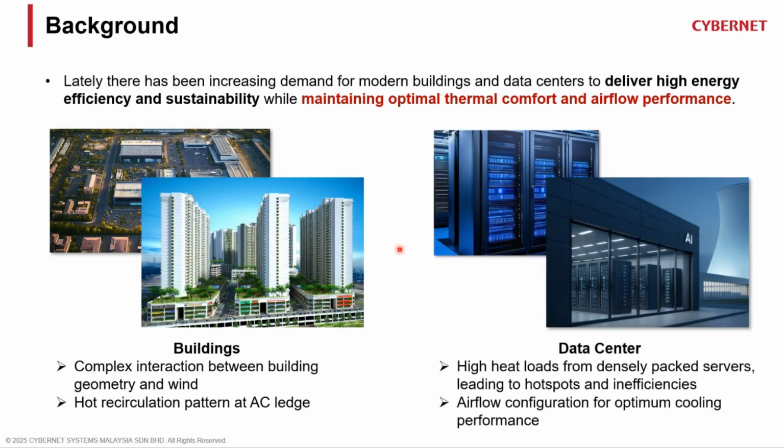Okay. Then second, if you talk about data centers, nowadays we are talking about high density servers, and AI is on the rise. So you need all these high performing computers and servers in the data center room. Obviously, when they are operating, they emit a high amount of heat.